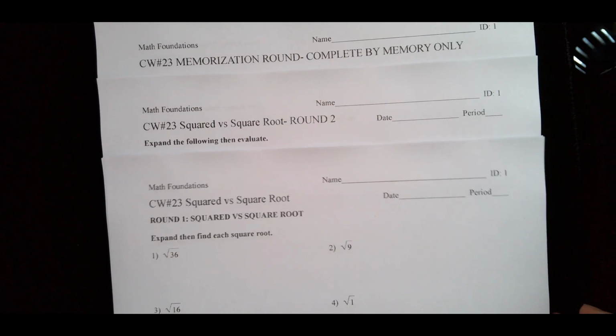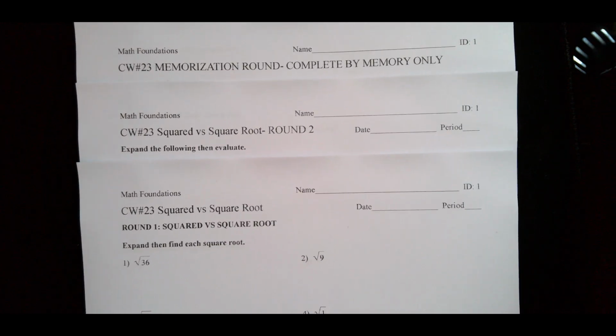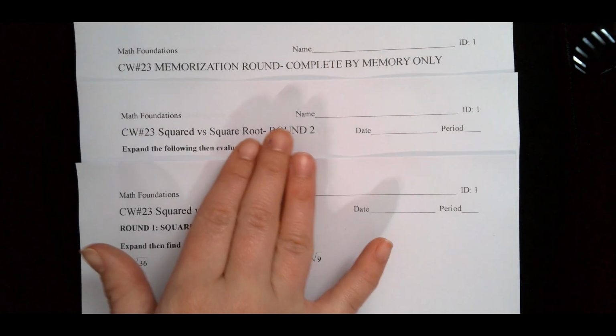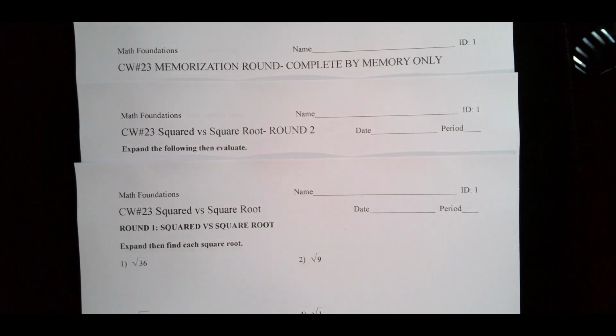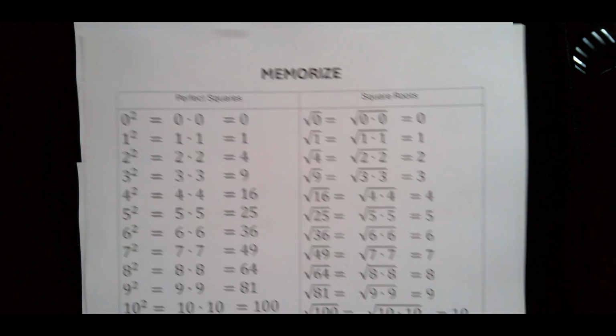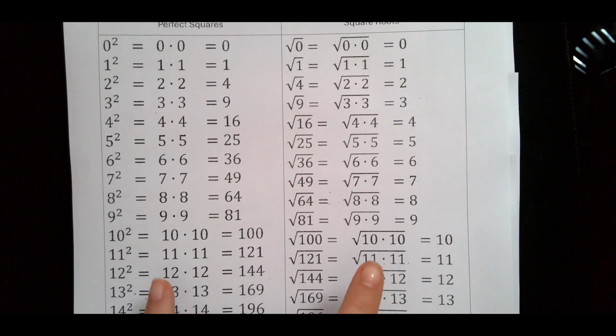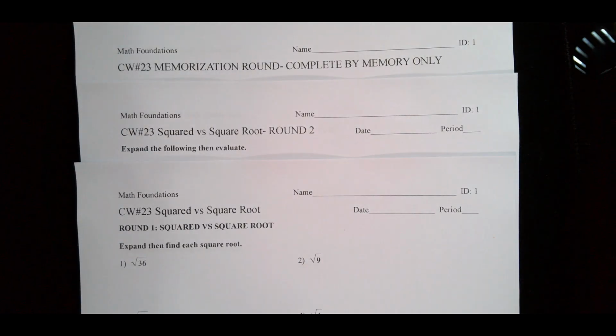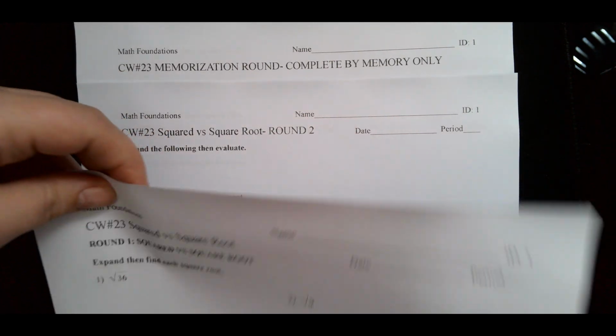All 3 are going to be similar. The difference is round 1 is going to be separated, round 2 is going to be all combined, and round 3, you need to have all of this memorized. Everything on this sheet, both sides, the expansions, the answers, the symbol, all of that needs to be memorized.